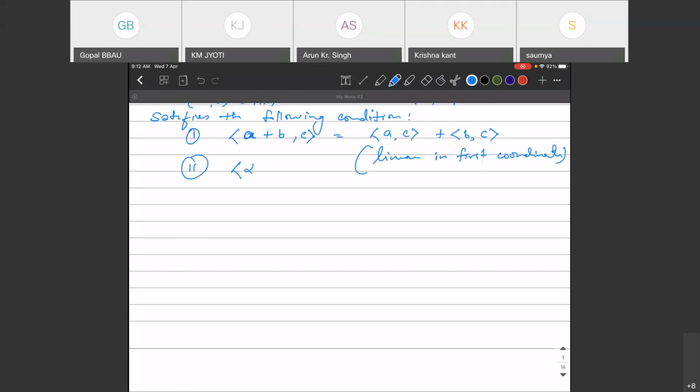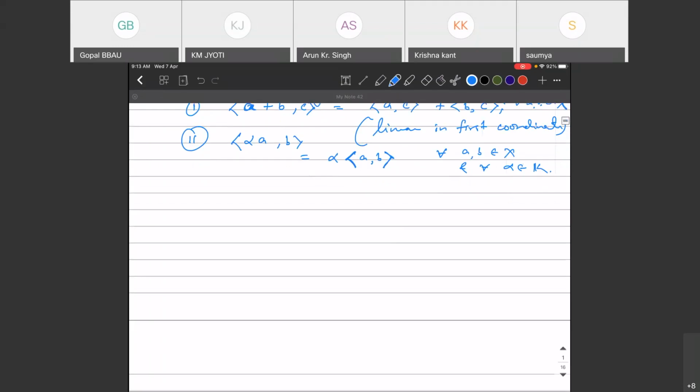Second thing, alpha A comma B is alpha times A comma B. Here it's homogeneous in the first coordinate. This is true for all A, B, C in X and for all scalars alpha in K.